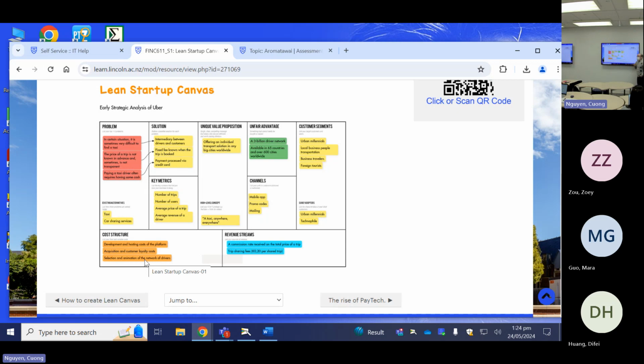Remember that with a fintech product, sometimes there's no subscription fee. So remember to list all the revenue streams for your product, so that the investor can see the cash inflow for their investment, where you can get this.